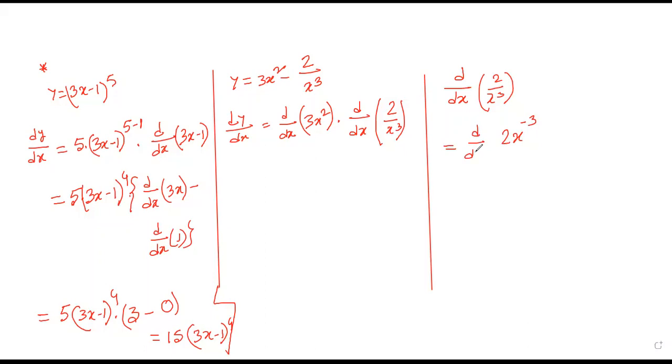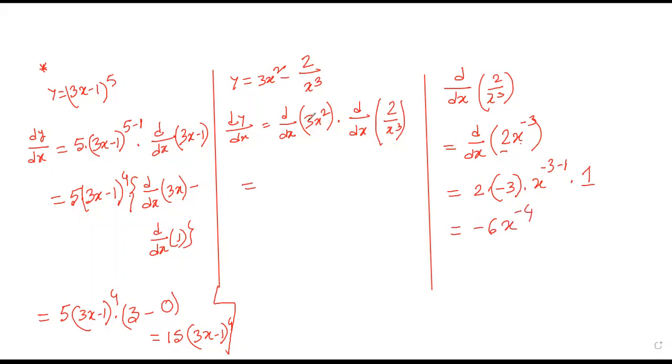So d by dx of 2x to the power minus 3. Then do the differentiation. The 2, then the power minus 3, then x to the power minus 3 minus 1. And if we differentiate the x, it will be 1. So our result is minus 6 x to the power minus 4.